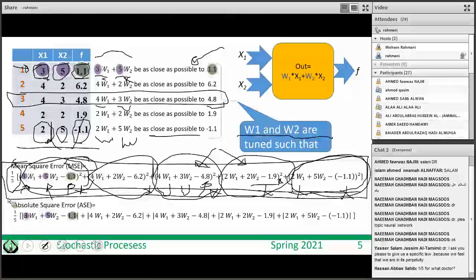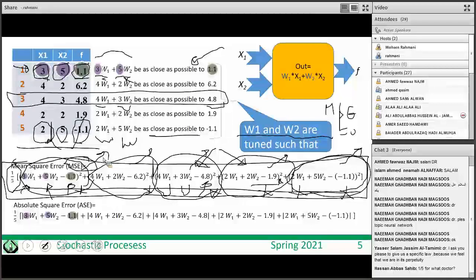In the very ideal form, when MSE is 0, what does it mean? If I can find W1 and W2 such that MSE is 0, it means this term is 0, and this is 0, and this is 0, and this 0. All these 5 terms are 0.